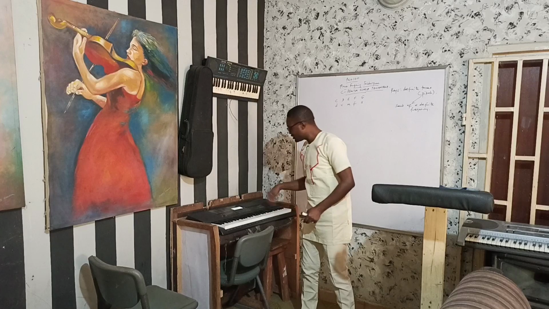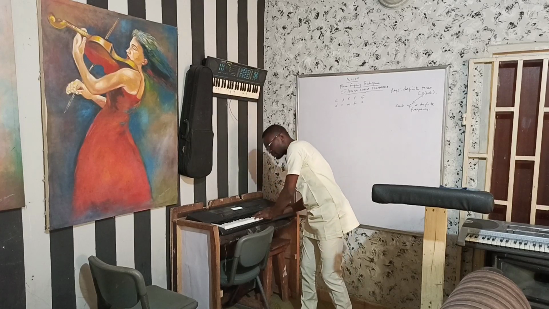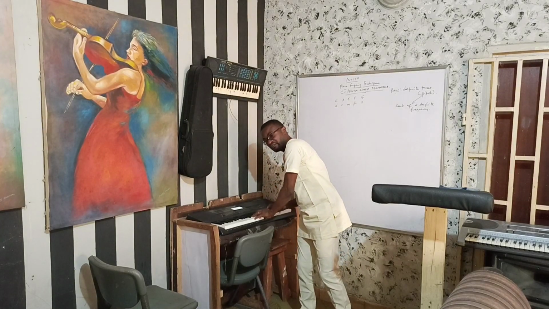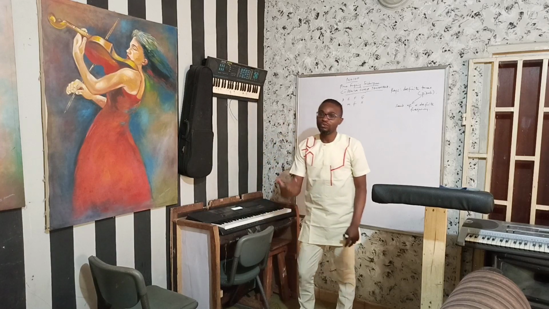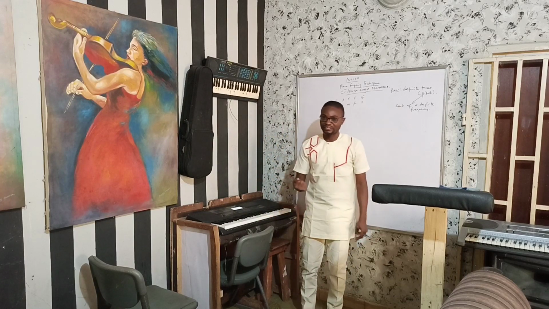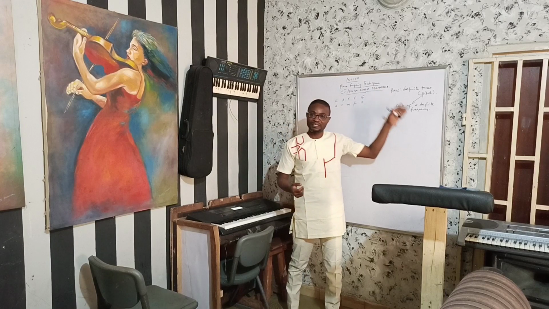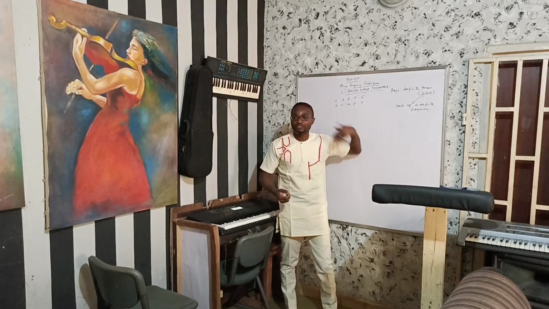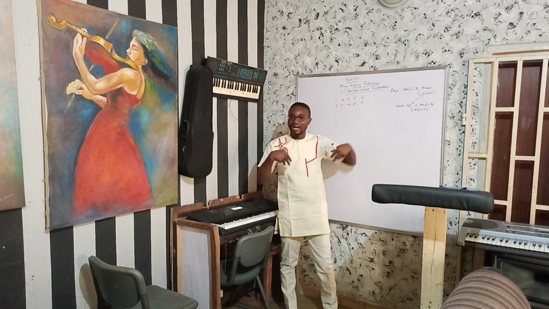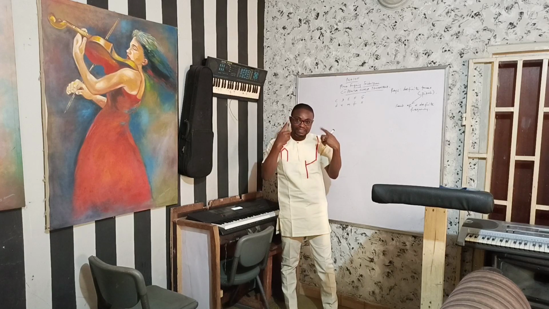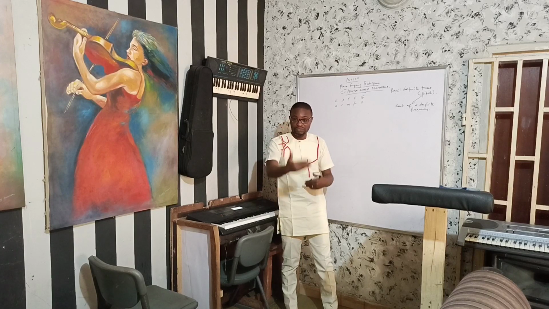You understand? Certain other things require it to be even much more loose and all that. You understand? So that is the meaning of technique. So technique comes up throughout. You just keep learning as you play intelligently. You'll be able to know that okay, this is what is coming here.